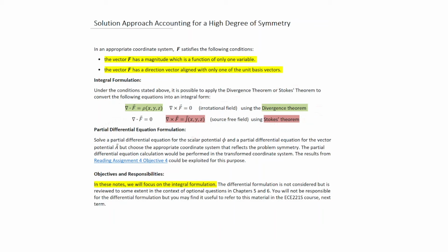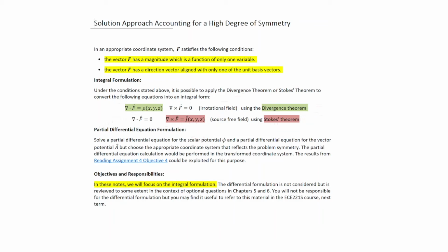The partial differential equation calculation would be performed in the transformed coordinate system. So we'll be solving something in cylindrical coordinates or spherical coordinates or toroidal coordinates, whatever the case may be. The results from reading assignment 4, objective 4, could be exploited for this purpose. However, this is something you could look at, but you're not responsible for.